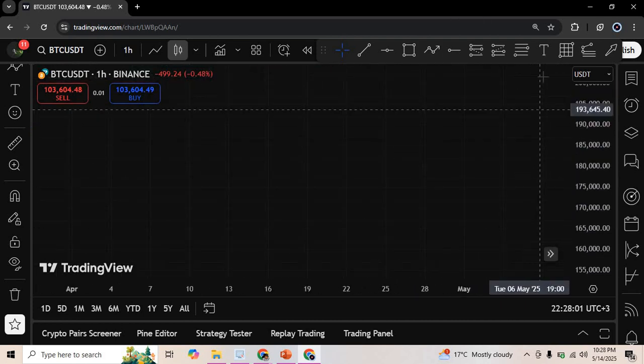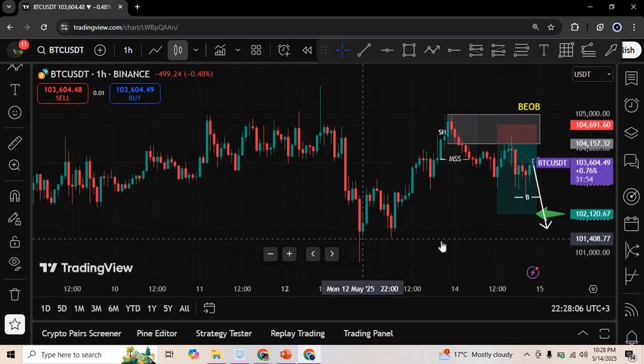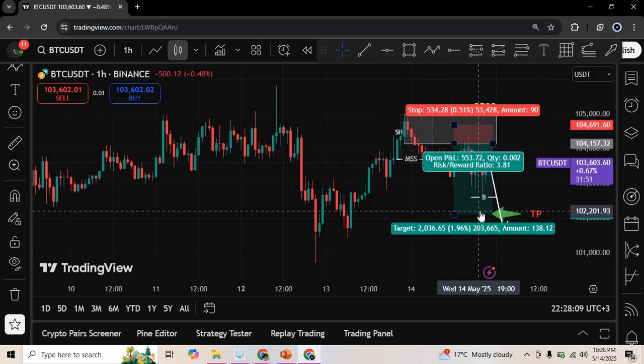Someone told me this, but I don't know if it was TikTok or a video. Someone said if you can easily identify from afar a POI, any POI, ignore it. If you don't have any confidence in that POI, just ignore it, because it means everyone in the market is seeing that. Everyone is seeing that POI in the market, which means their stop losses are just hanging around that area, so it will be an easy target.